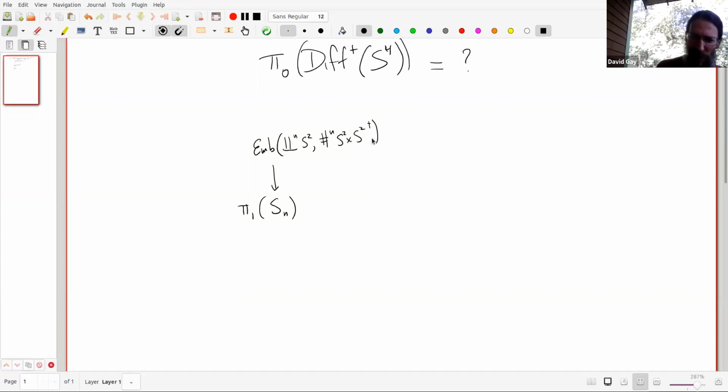We have a little picture to go with that, a schematic for the connected sum of S2 × S2s. I draw S2 × S2 as if it's S1 × S1. So there's my puncture over there.